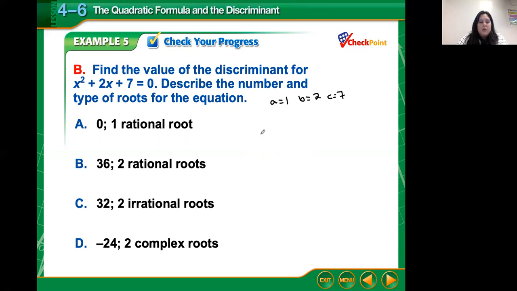So we're going to do b squared minus 4 times a times c. So I get 4 minus 28, which gets us negative 24. And that gets us 2 complex roots. So our answer is D.